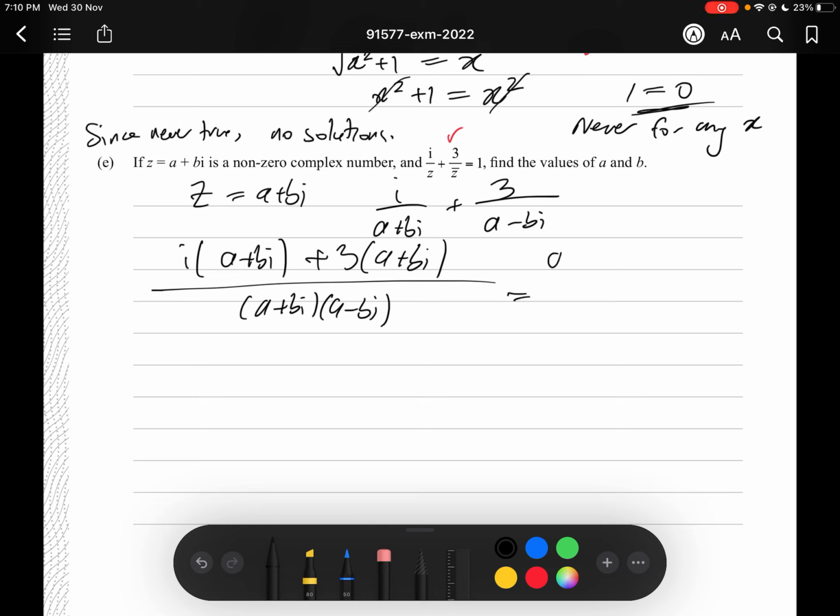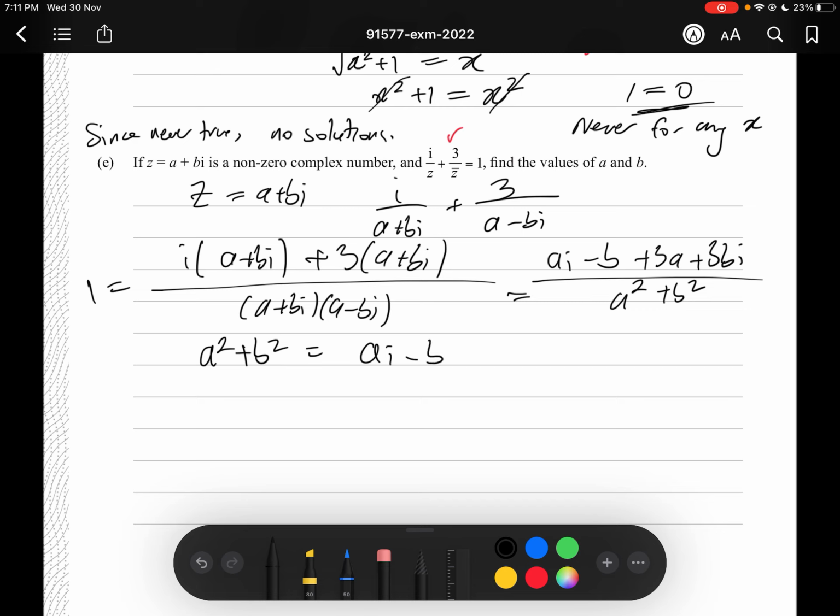So we have ai plus bi times i is bi squared, which is negative b, plus 3a plus 3bi. And that is over a squared plus b squared, and that is equal to 1. So multiplying both sides by a squared plus b squared, a squared plus b squared equals ai minus b plus 3a plus 3bi.